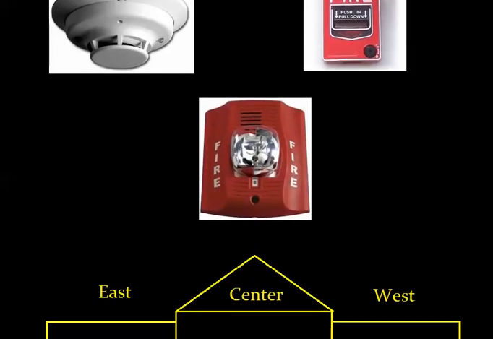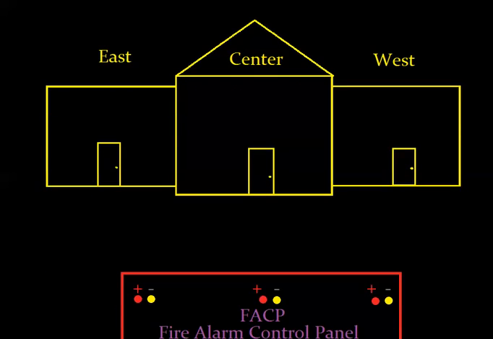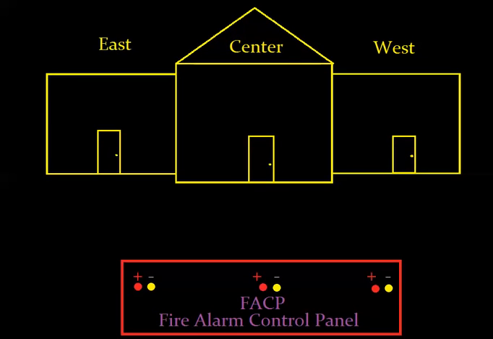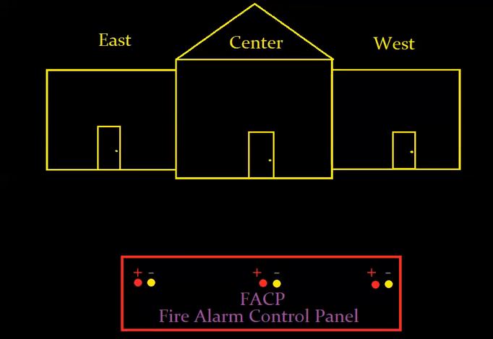So down here I drew a little school building. Think of it as the most basic type of system you can have, right? There's an east wing, a center wing, and a west wing. I drew a little panel here that has 3 zones, and there'd be a lot more stuff on a fire alarm panel. There'd be a power supply, there'd be the horn circuits, but these are all the initiating device circuits. You'll hear that term from time to time, IDC.